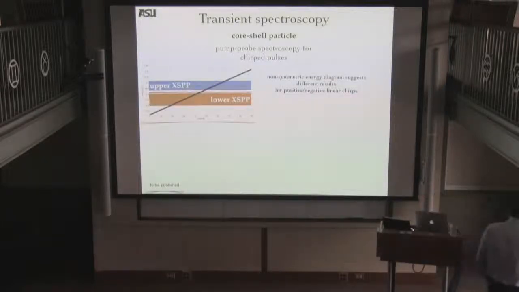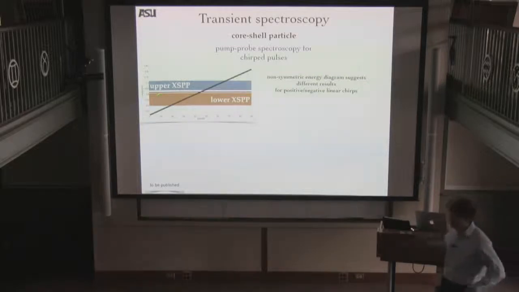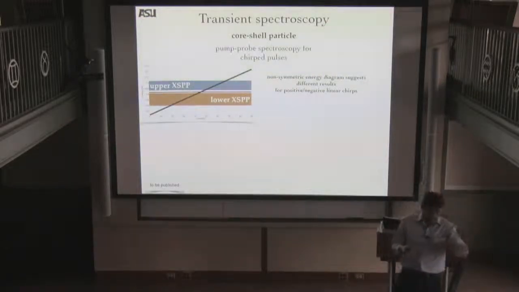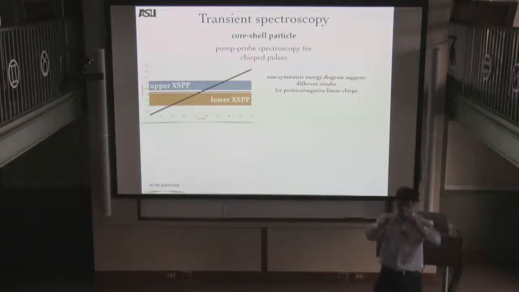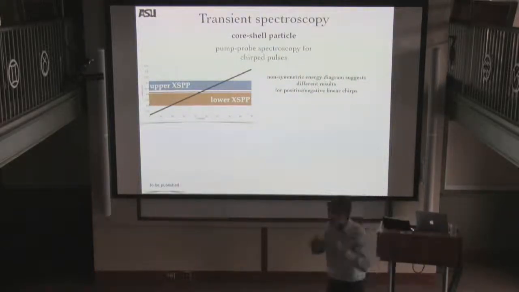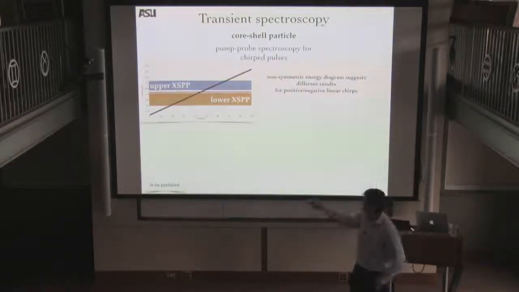Okay. Now, here's the simple idea. If you look at the energy diagram of the system that I have, I have the upper polariton. Of course, it's not a single level, but some sort of a band because it has a width, right? I have a lower polariton as well, and a tiny molecular state right here.